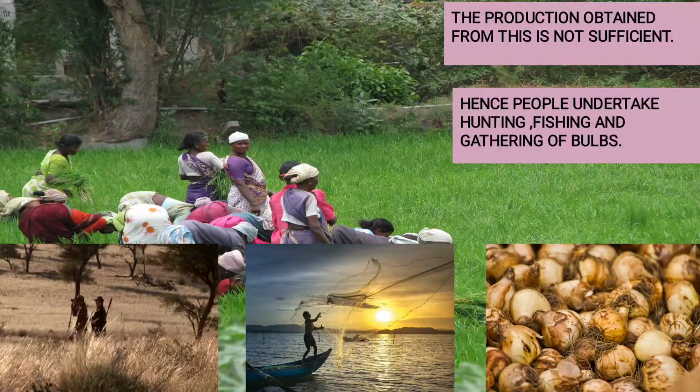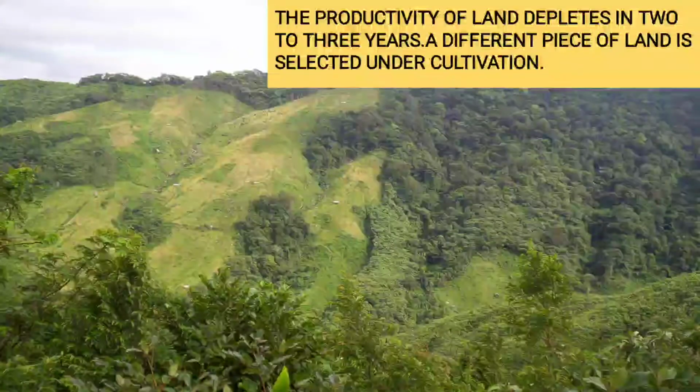These are not the tube lights in the house. Bulbs means the crops which grow under the ground. Example, potato, sweet potato, radish, carrot, and beetroot. They grow under the ground. So these are called bulbs. So people undertake hunting, fishing and gathering of bulbs.